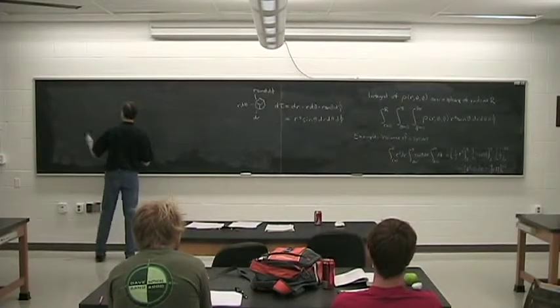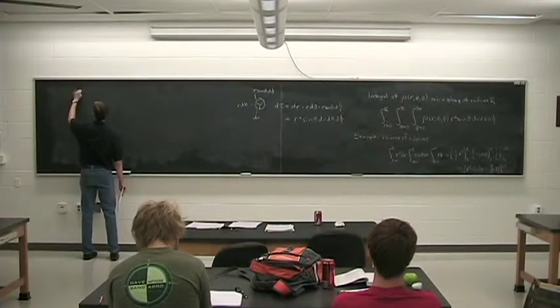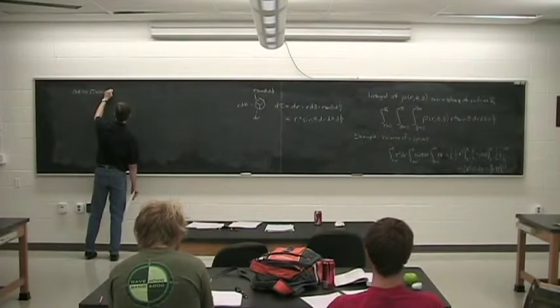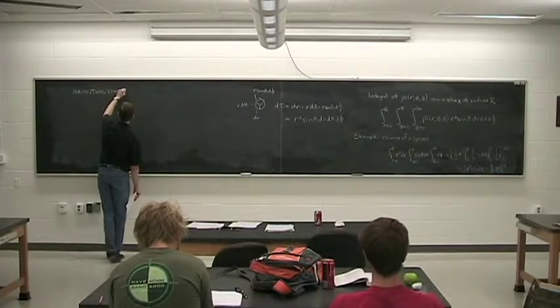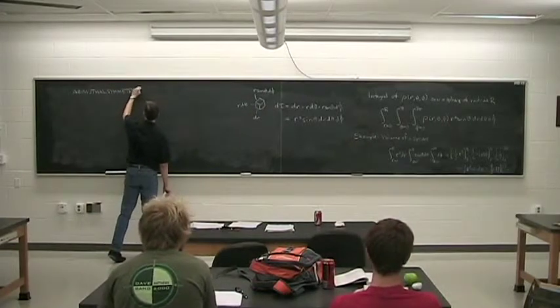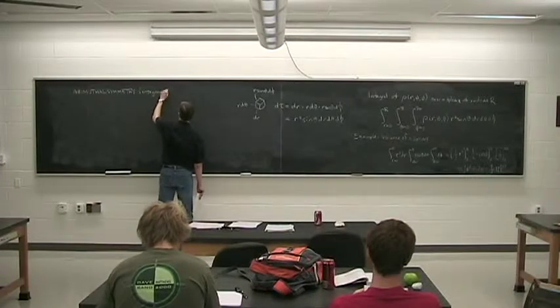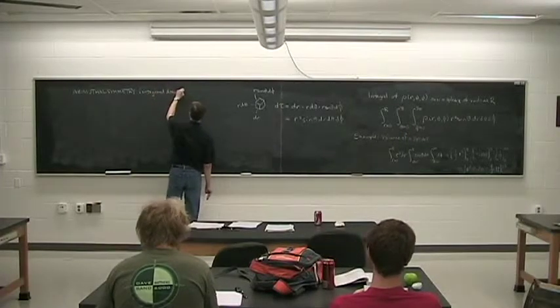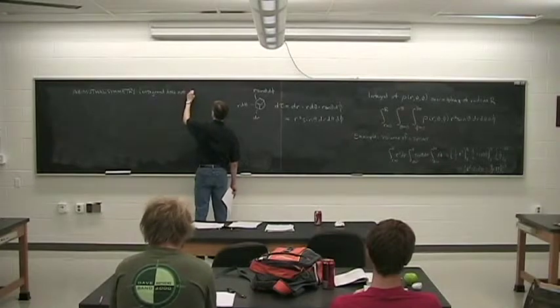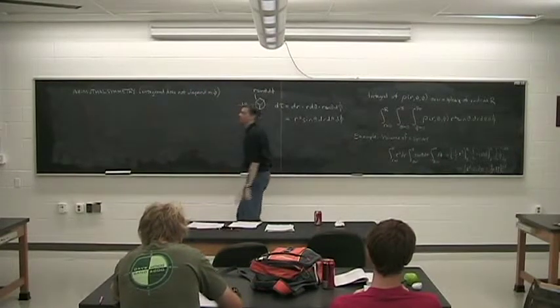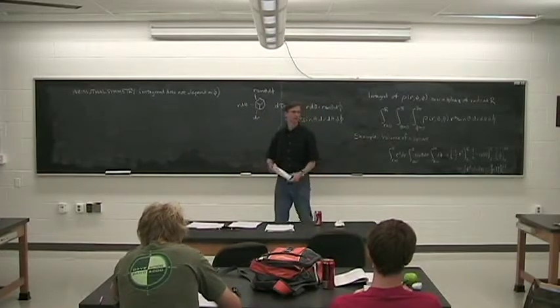If we've got azimuthal symmetry, or in other words, the integrand does not depend on phi, that's azimuthal symmetry.